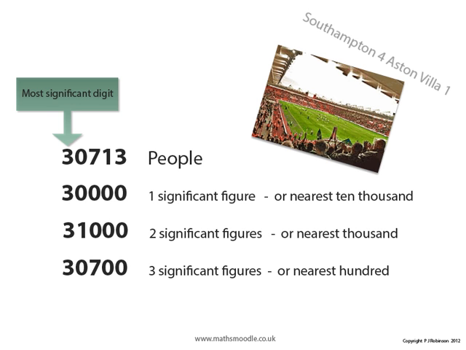Note that in all cases here, the places remaining after rounding are filled with zeros, so that the size of the value is kept. Rounding 30,713 to just 3 would be nonsense.